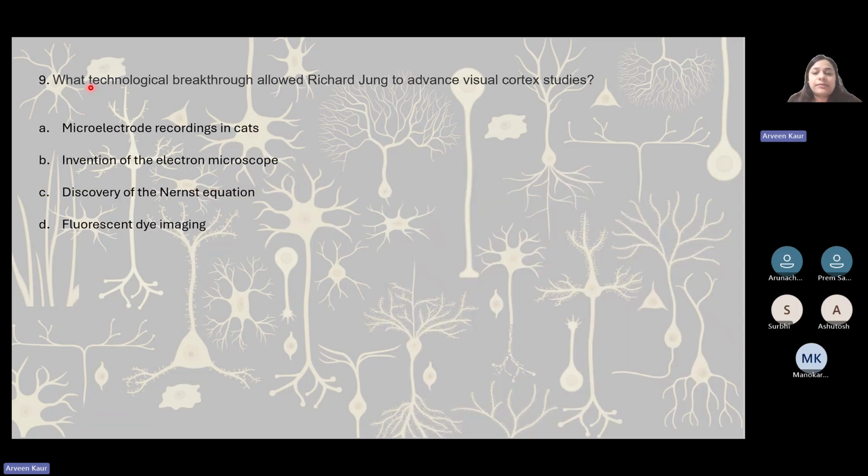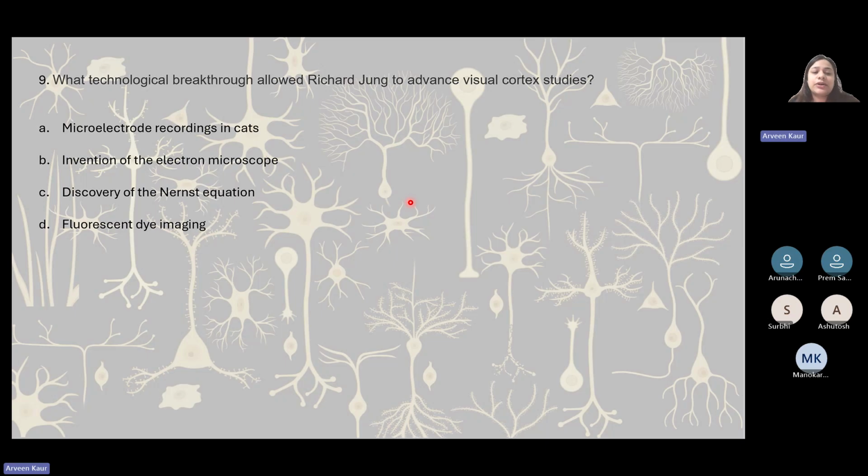Then, question number 9. What technological breakthrough allowed Richard Young to advance visual cortex studies? Was it microelectrode recording in the cat, or invention of the electron microscope, or discovery of the Nernst equation, or fluorescent dye imaging? Fluorescent dye imaging came much later.